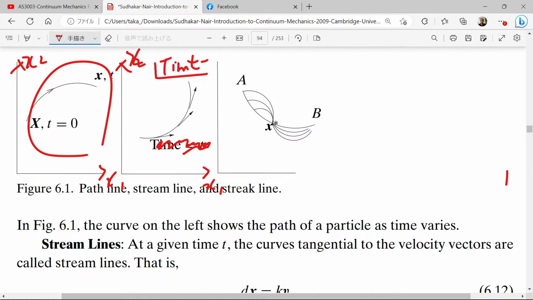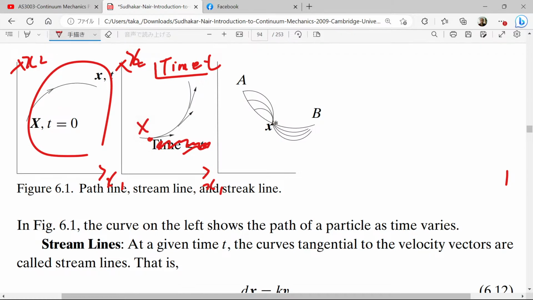I'm sorry, time. This is time t. So you consider, this is different particle. So you consider x1, x2, let me see.